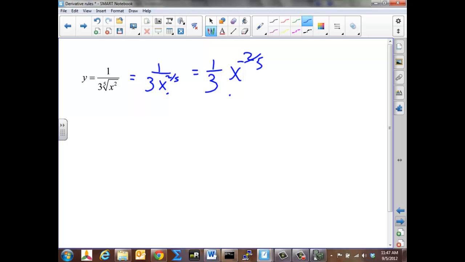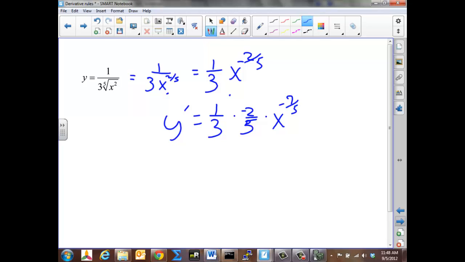So what does my derivative become here then? Y prime becomes, I'm going to have the 1/3. To get my derivative, I take my exponent here down, negative 2/5 times x, subtract 1 from negative 2/5. Negative 2/5 minus 1 is negative 7/5.